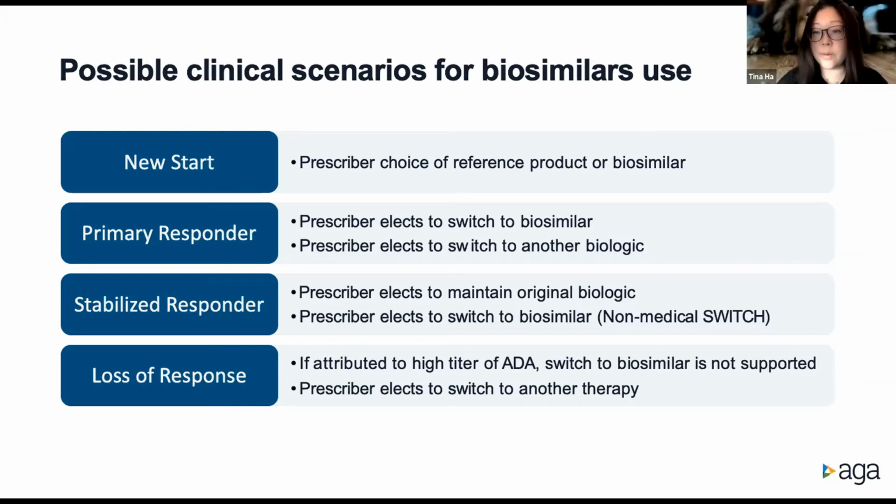Obviously that's a far more challenging scenario than the basic scenarios we're presenting here. But I think this also falls into managing expectations and addressing the nocebo effect when going from one to another. Just pausing here, any questions or concerns about this slide or the scenarios for biosimilar use?